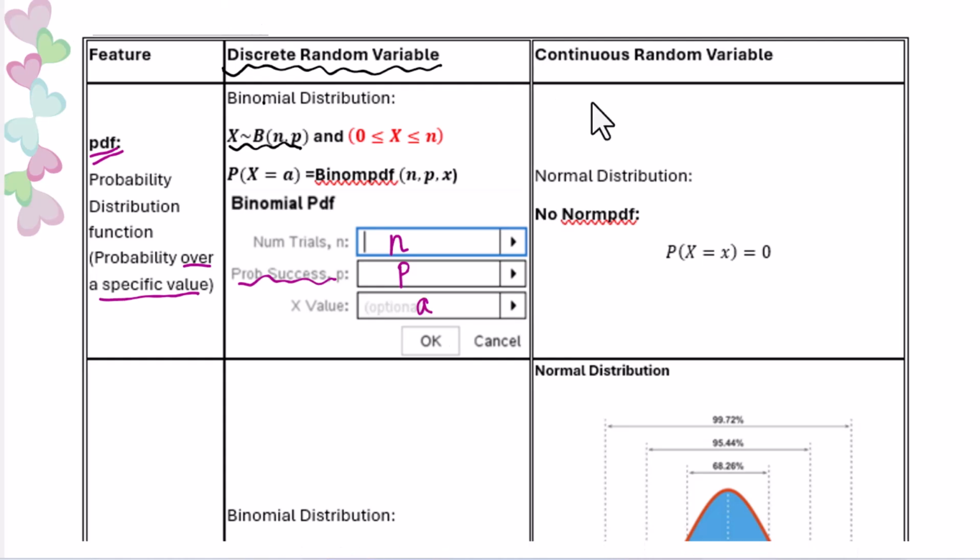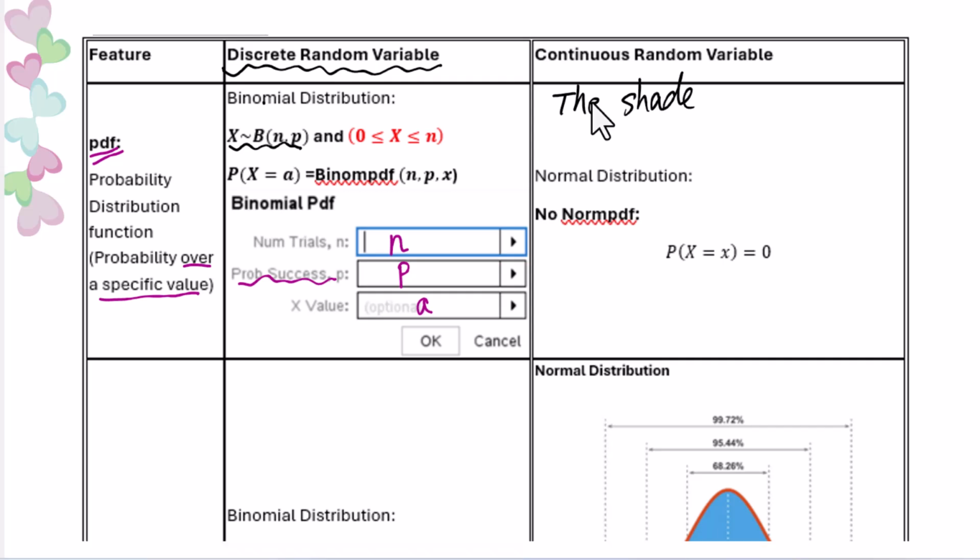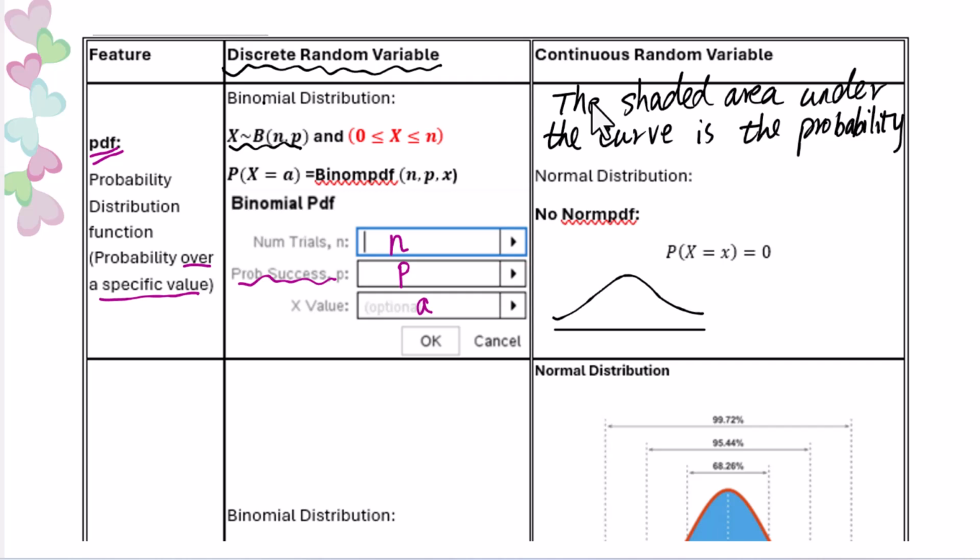Normal distribution. Since the data is a continuous random variable, the shaded area under the curve is the probability. Therefore, for this normal distribution with the mean 10, we want to figure out the probability of x equals 4.